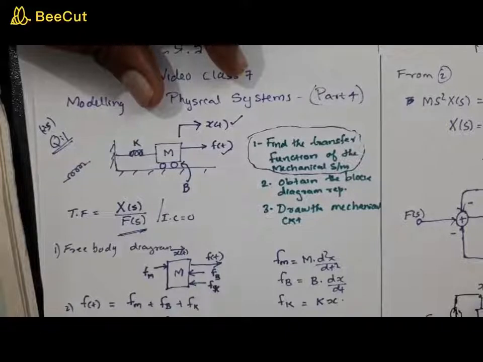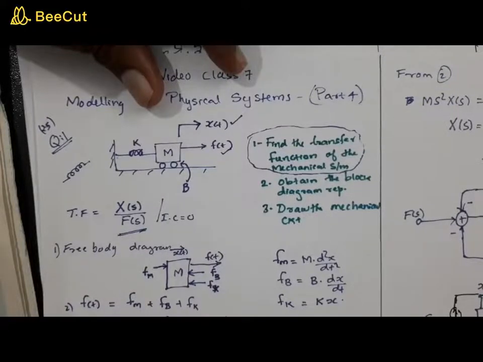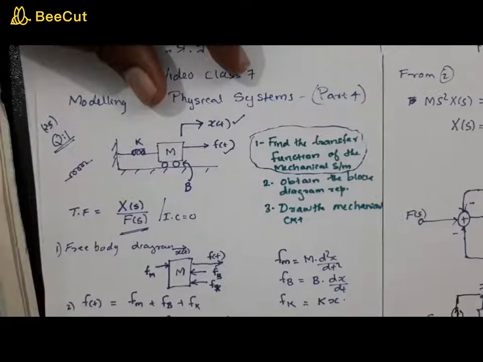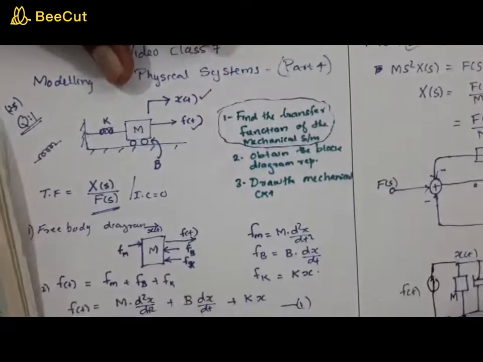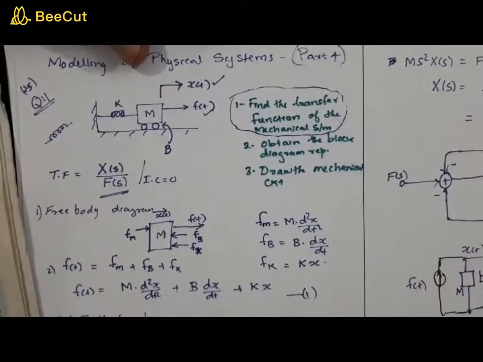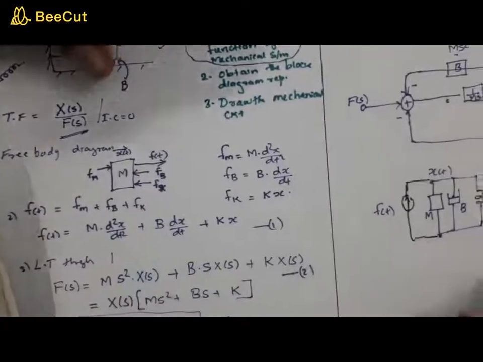This is x of t. X of t is common for the mass, the damper system, and the spring. We will call this mass, this B, and this one K, right?